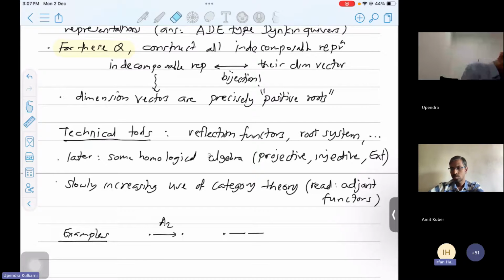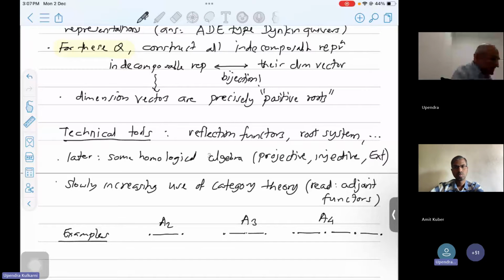I'm wondering whether there is a connection between these two sets. For example, first all the arrows go from left to right. Now you change some arrows, you get a new bunch of indecomposables. Are they related, or are they just random?